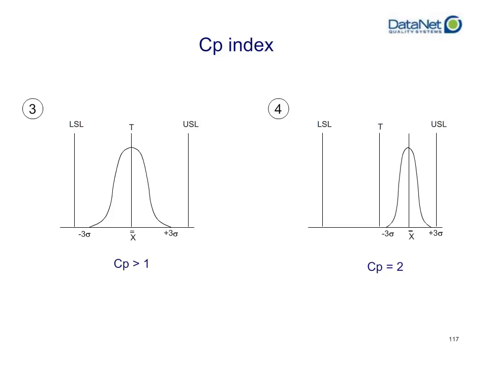Whereas if your CP equaled 1, as in the previous slide, and you were targeted perfectly on your center line, on your X double bar, your grand average, you would not necessarily be in that case. So CP as an indicator is not enough to determine whether or not you are capable of producing the product that you are trying to produce for your customers.